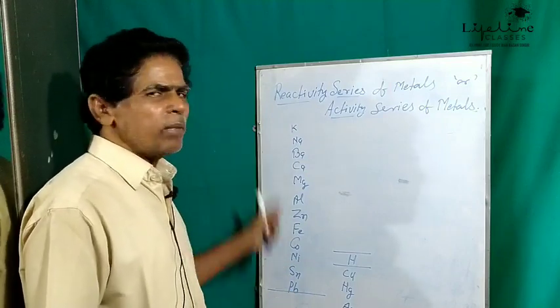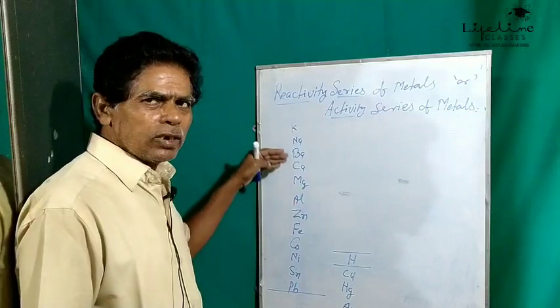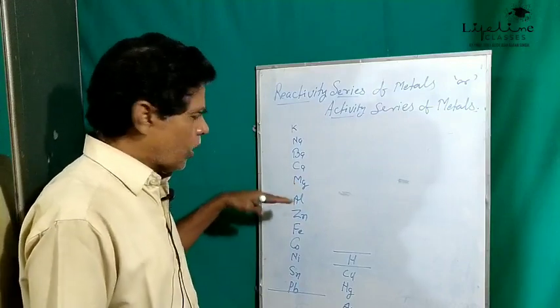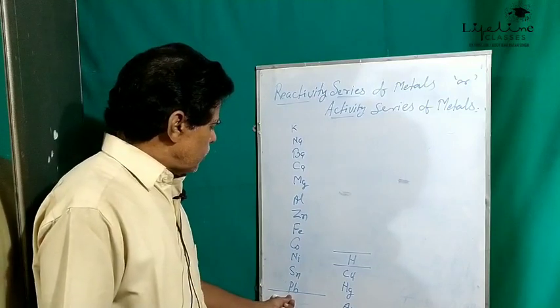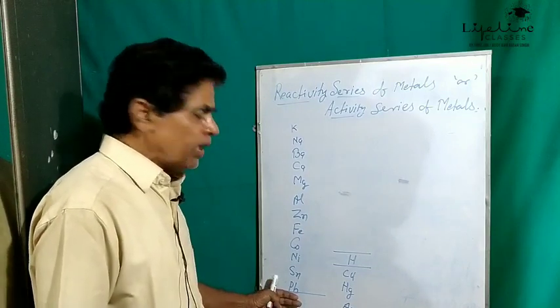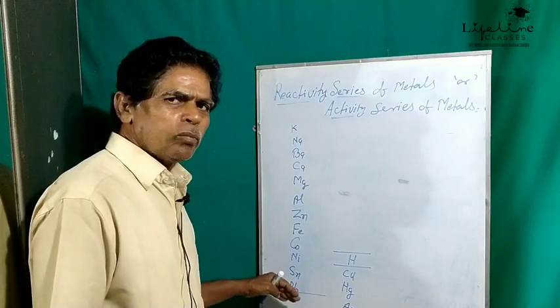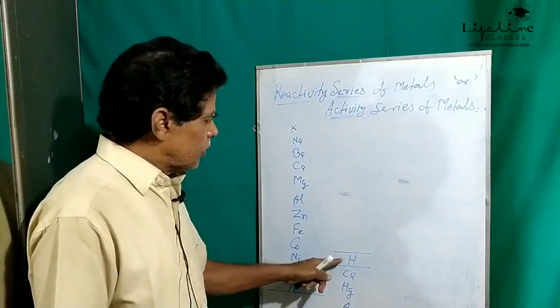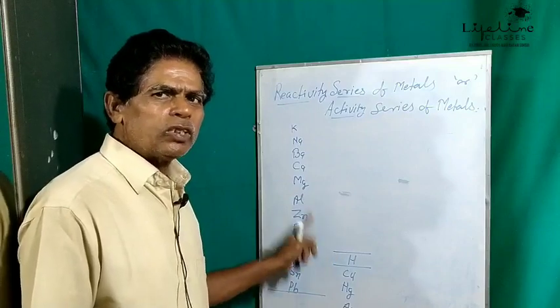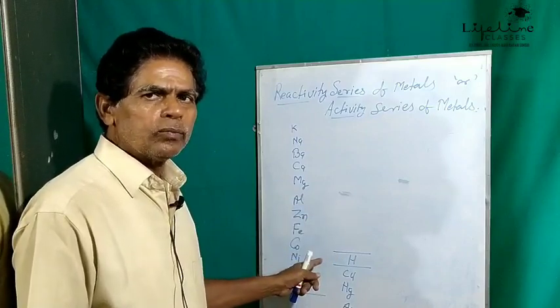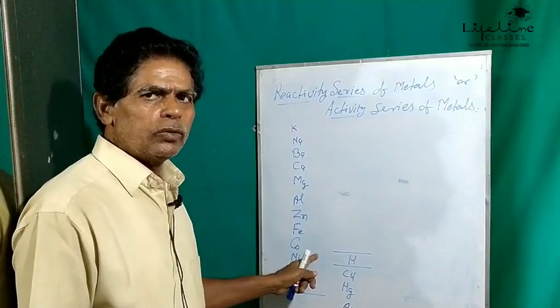These are the different metals arranged one below another. Just below lead, hydrogen has been placed along with these metals in this series.